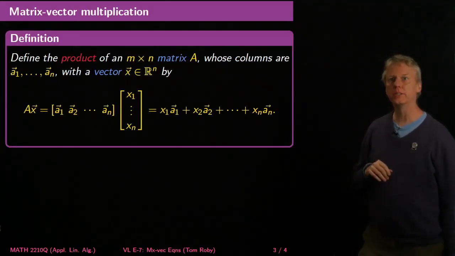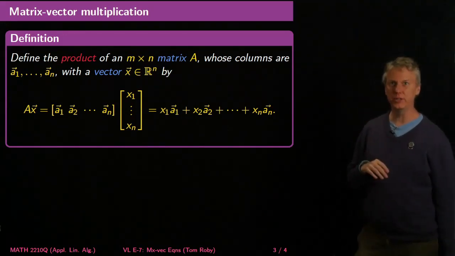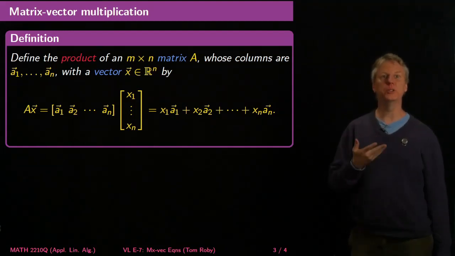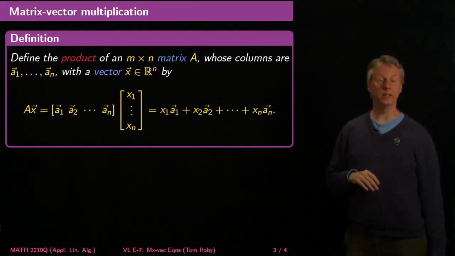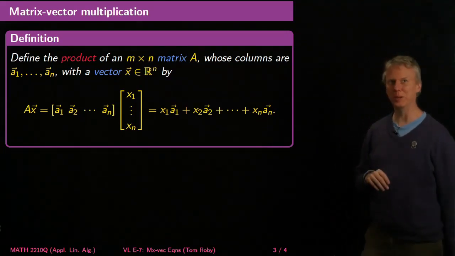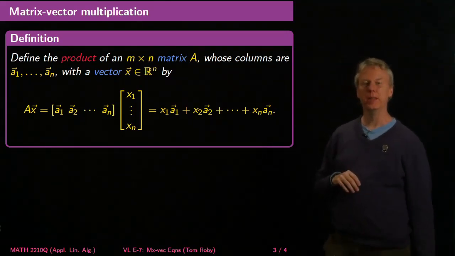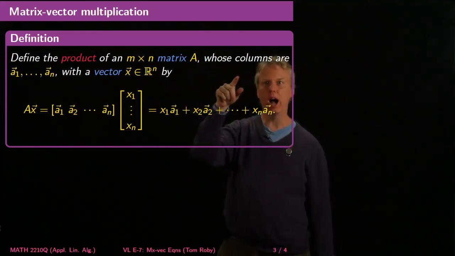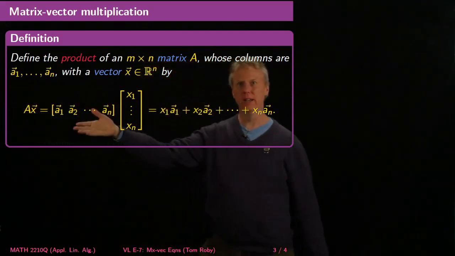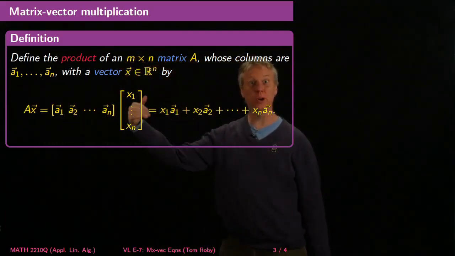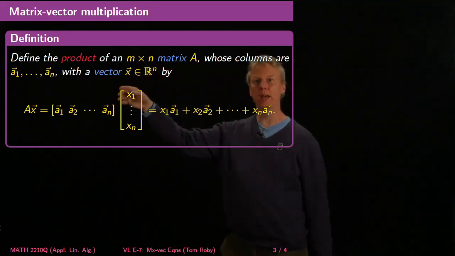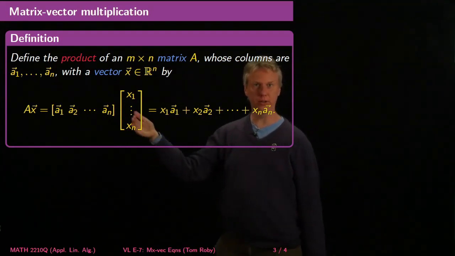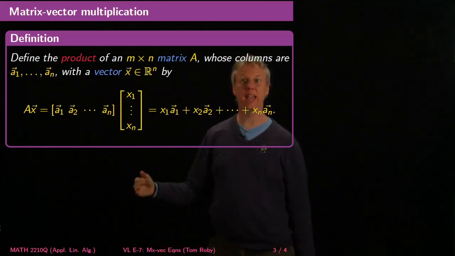Okay, so here's the definition. You may have already seen a definition of the product of two matrices or the product of a matrix times a vector, and what I'm about to tell you is equivalent to anything that you've been taught before, assuming it was correct, which is likely enough. Here, we're going to define the product of an m by n matrix A, whose columns we're going to think of as A1 through An. If it's an m by n matrix, that means it has m rows and n columns, so we can think of each of the columns as being a vector of length m, because the matrix A has m rows.